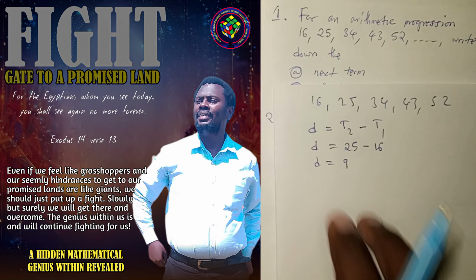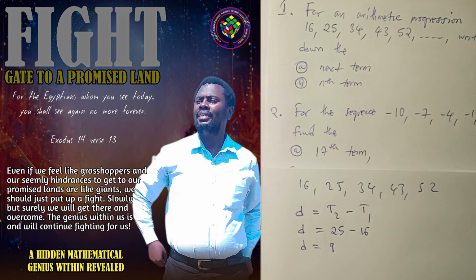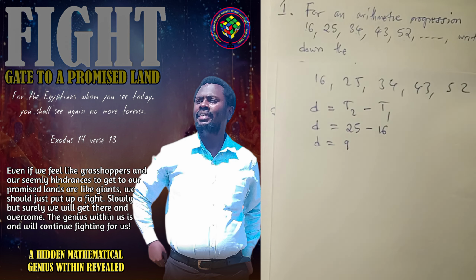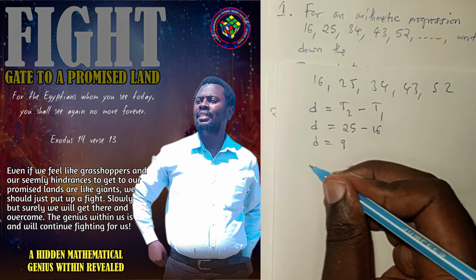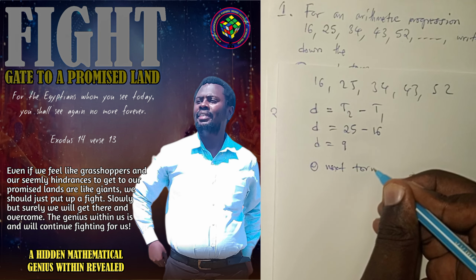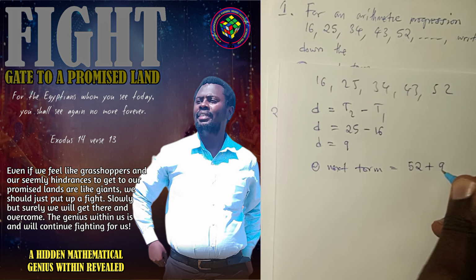What is the question now? Find the next term. So for the next term, you just add the last term and the common difference, which in this case is 9. So it starts with 52 plus 9. The next term is equal to 52 plus 9.